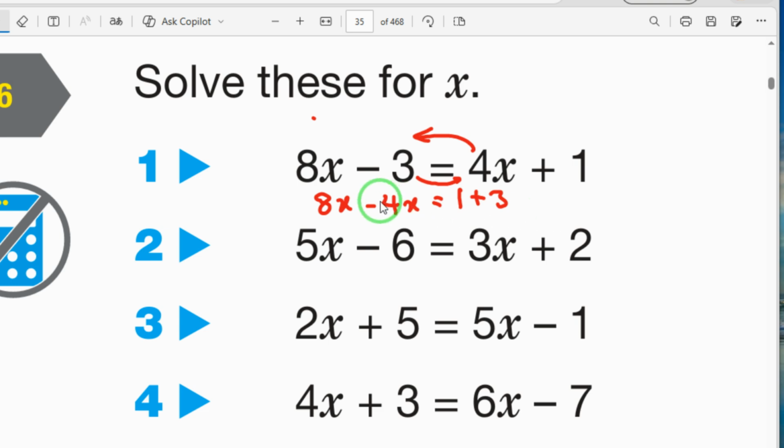So here we subtract 8x minus 4x, remain only 4x. Here we add 1 plus 3 become 4. Then we divide both sides of the equation by 4.